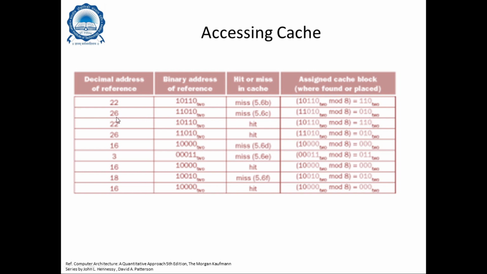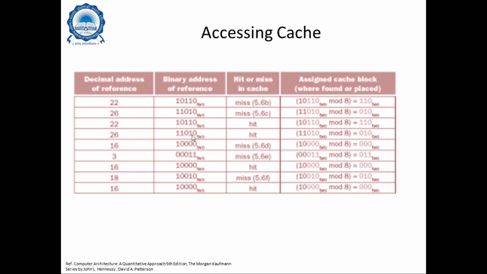Then you have 22. 22's binary is 01101, and since this entry is already in the cache, because we already had this memory address in the first attempt, this is going to be a hit. The corresponding assigned cache block is again 011, depending on the formula.